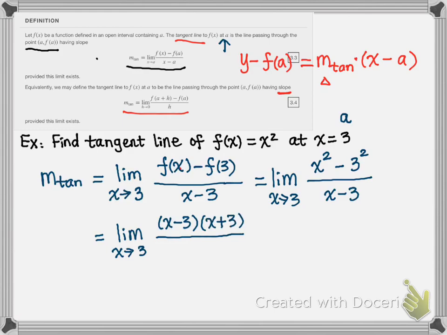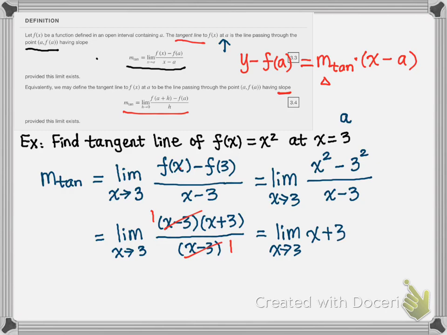In the bottom, we have x minus 3. So we can see the cancellation. And when we cancel out a fraction, the remaining is the 1. So then the leftover is the limit as x approaches 3 of x plus 3.